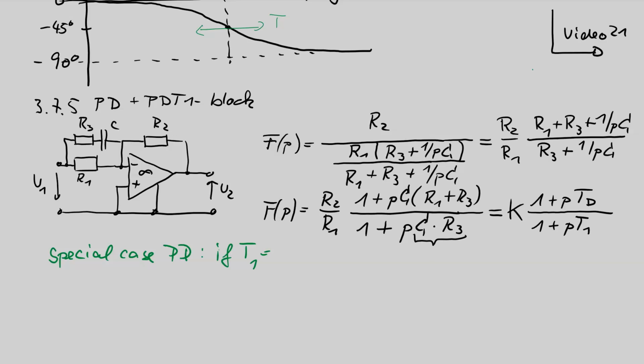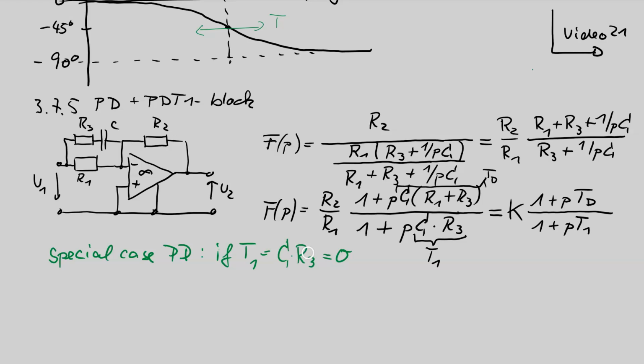This product we have called T1, and the numerator time constant is TD. You can see the T1 is just the product of the capacitance C multiplied with R3. So the special case is if this is 0, of course C cannot be 0. If C is 0, then we have a simple P block. So this is not so interesting.